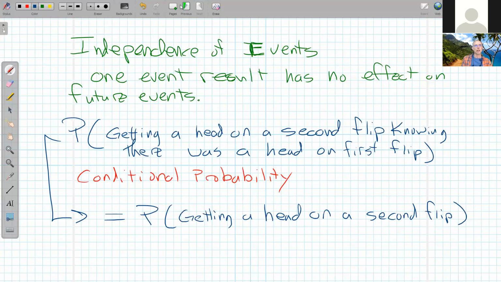There's a rule related to it that the probability of A and B happening is equal to the probability of A happening times the probability of B happening.